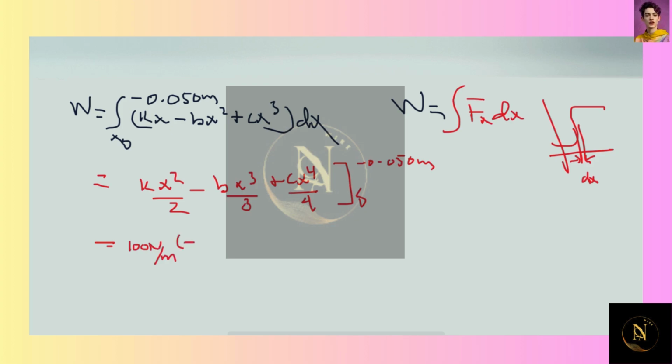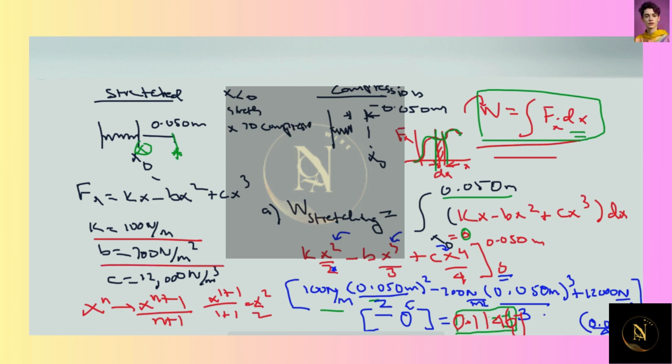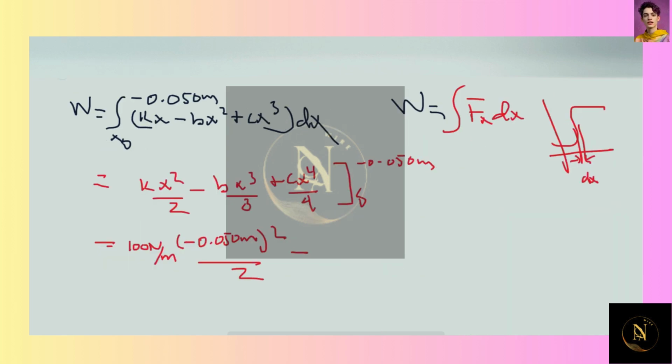times negative 0.050 meters. We have to square that over 2, and then minus, we go back, you see b is 700 newton per meter squared.